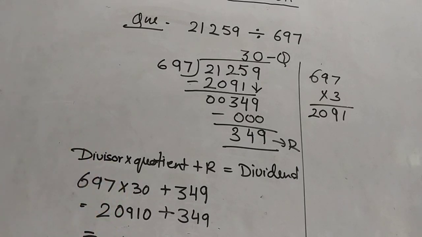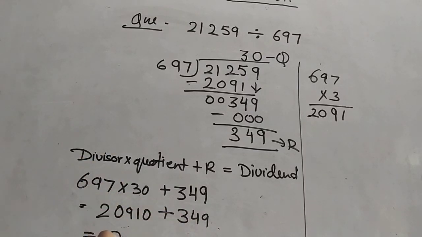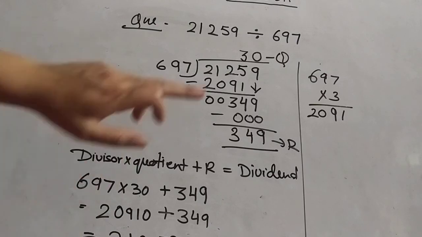Now see, after adding these two numbers, we are getting 21,259, which is our dividend.